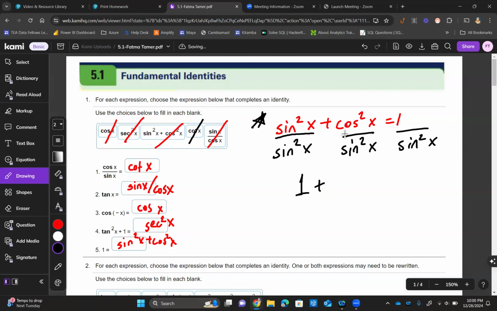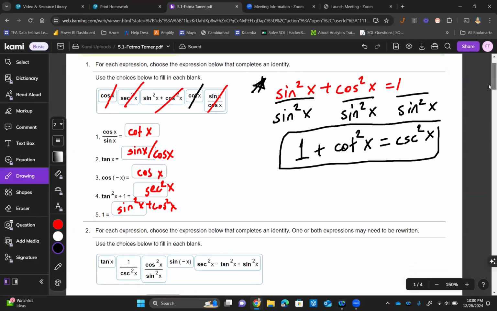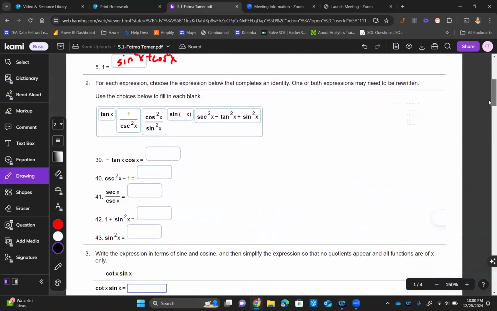Cosine over sine is cotangent of x. So if you divide cosine squared by sine squared x, we get cotangent squared of x. And then 1 over sine is cosecant, so 1 over sine squared x is cosecant squared x. This is the third and last version of the Pythagorean identity we need to be familiar with. And this is how we do number 2.